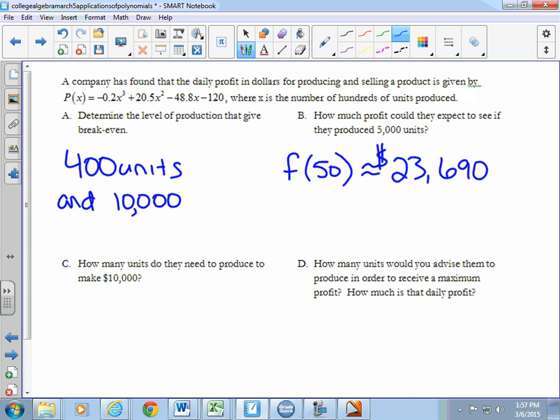How many units do they need to produce to make $10,000? Well, how am I going to do that? Go into Y2, and instead of having 0 in Y2, put 10,000.